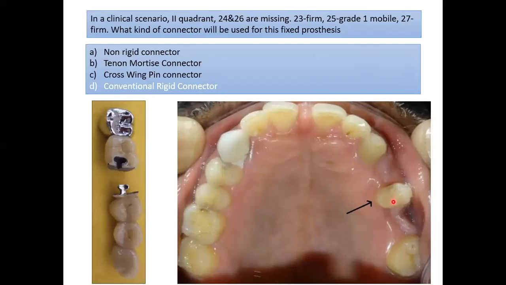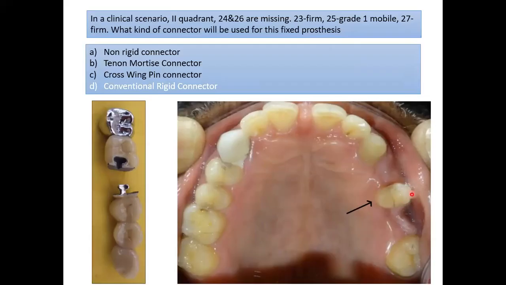So it will go on from grade 1 to grade 2 in upcoming years if you are giving a non-rigid or keyway kind of prosthesis. In such cases, you should avoid this and give a complete 5 unit bridge encompassing this also as an abutment. Thereby you are splinting this mobile tooth to the prosthesis, and thereby you are avoiding the increase in the mobility of that particular tooth. Okay.